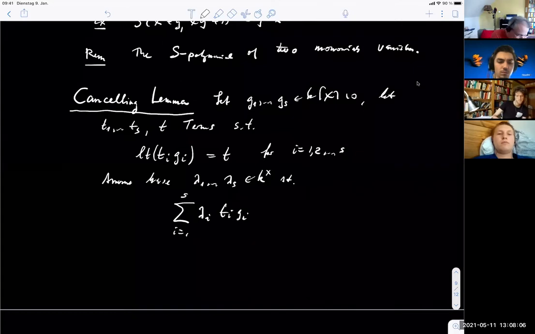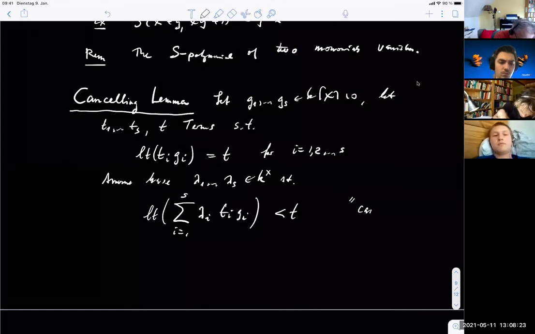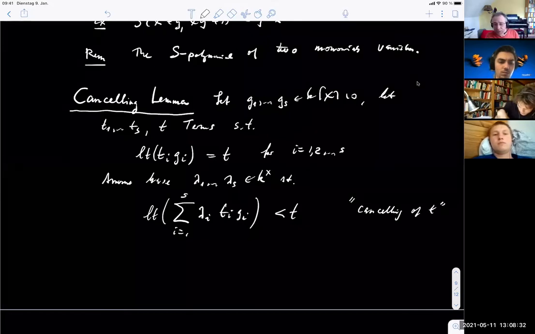All of these have this T, and there is this coefficient. Now I want to assume there is canceling. So I assume the leading term of this is strictly less than T, canceling of T.